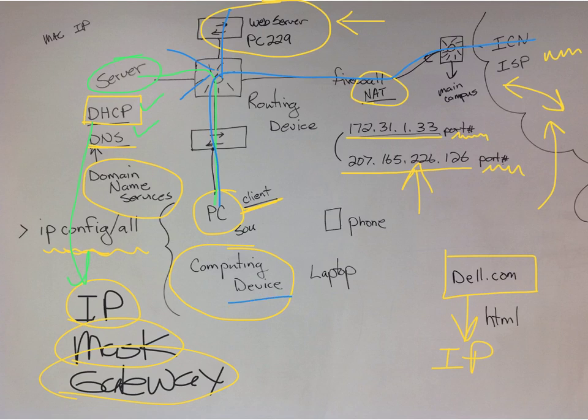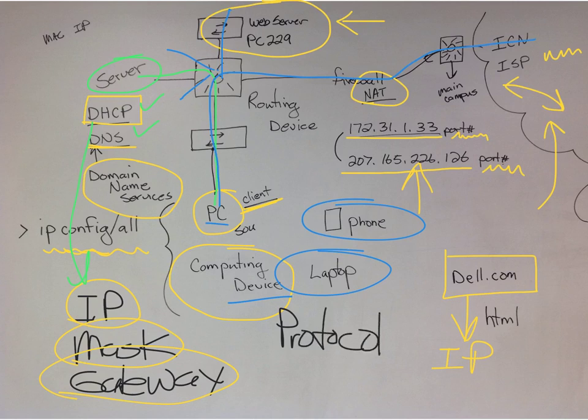And so your computing device could be a PC, could be your phone, could be your laptop, and basically because of protocols, rules for transmission, we'll talk more about that on Friday, we're able to communicate to other devices.